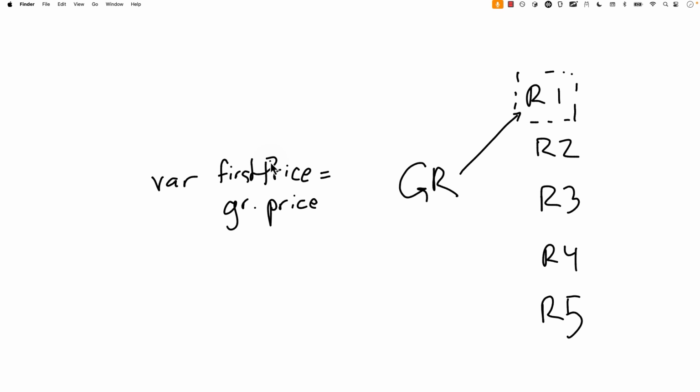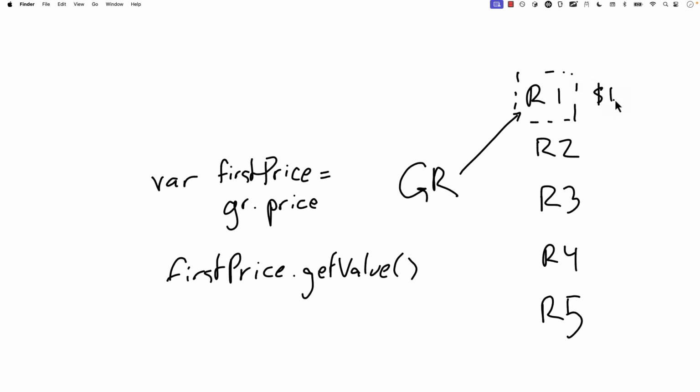So in other words, if we call, right now, while this glide record is pointing at the first result, firstPrice.getValue, it'll return whatever the value is of the price on that first record. And just for the sake of demonstration here, let's say that this is $100, $200, $300. Well, here's the problem.